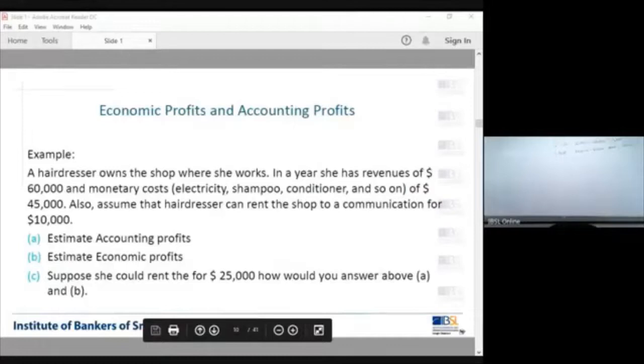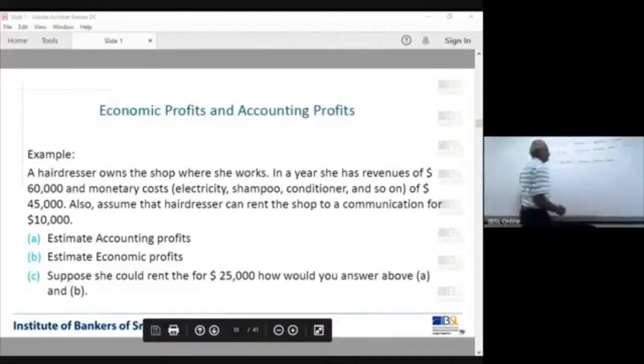Economic profit is less. Second one, suppose this rent increases to 25,000. The rent was 10,000 earlier. Accounting profit, no change: 60,000 minus 45,000, that is 15,000.